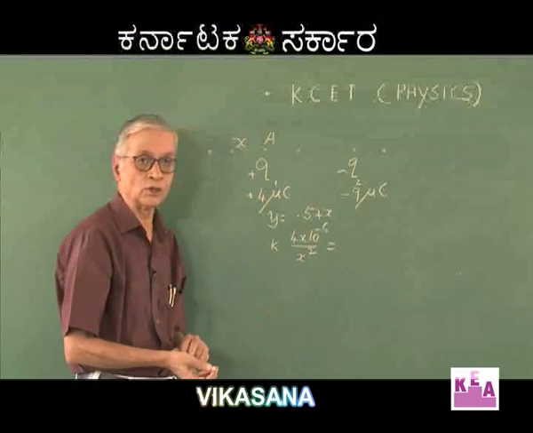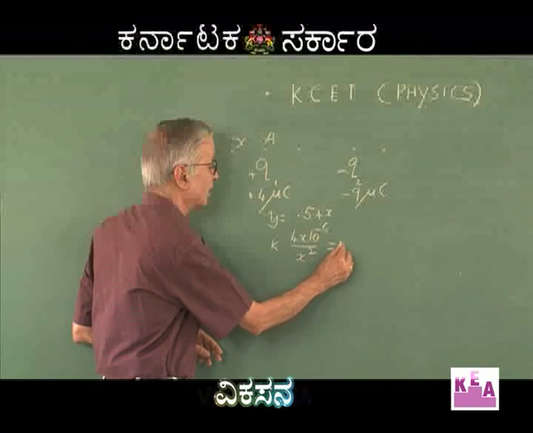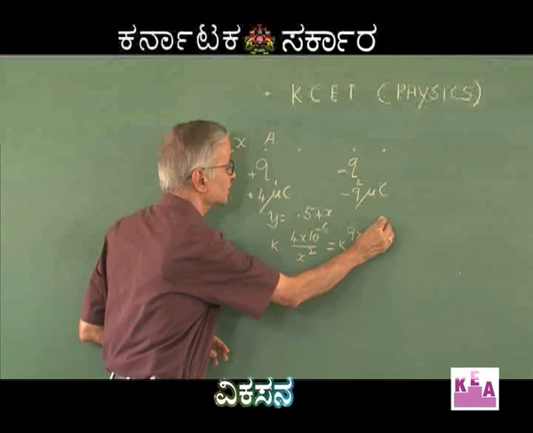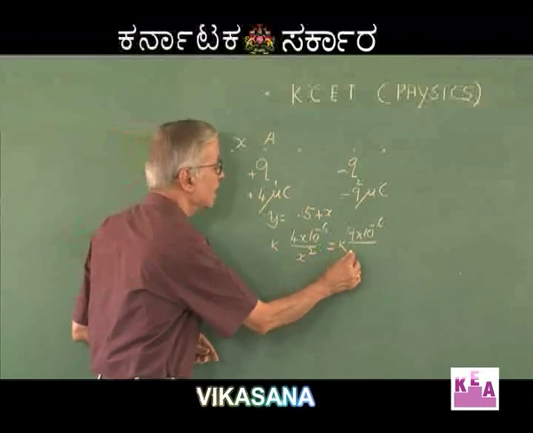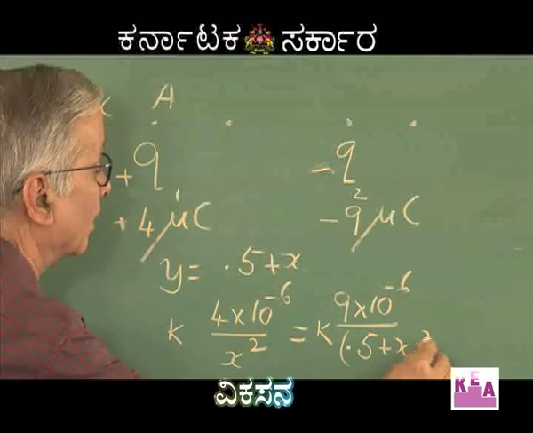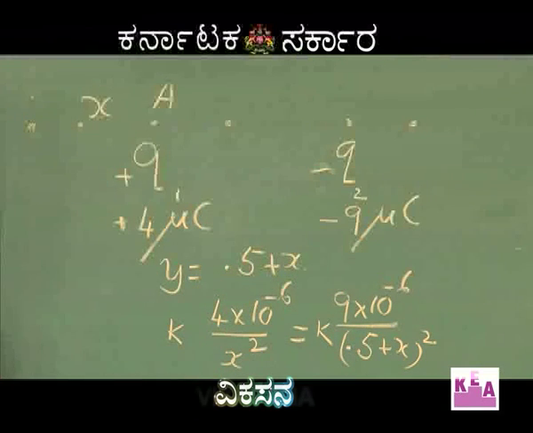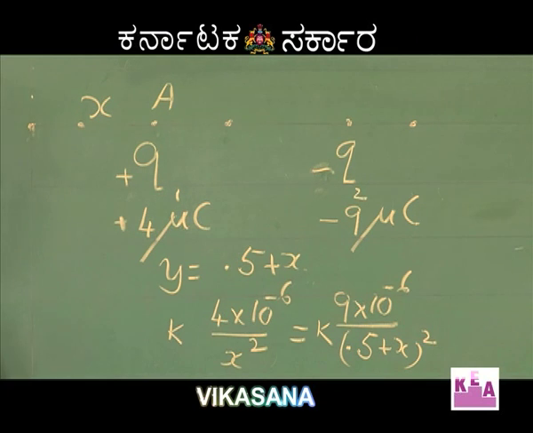This must be equal to intensity due to the other one. It must be K into 9 into 10 to the power minus 6 divided by square of the distance, 0.5 plus x bracket square. Please note, y is equal to 0.5 plus x. If you take this precaution regarding the positions, while taking a root, plus or minus need not be put.